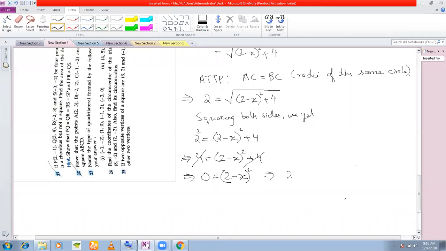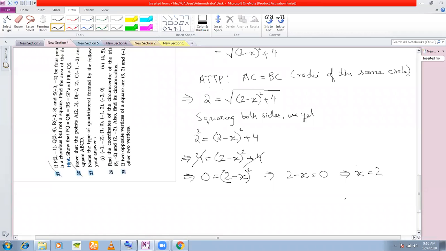That means we are getting 2 minus x is equal to 0. That means you are getting x is equal to 2. You can do directly from this step. This is a better way of doing. Okay. So we've got the value of x, which is 2.